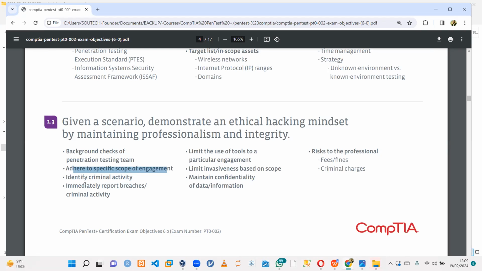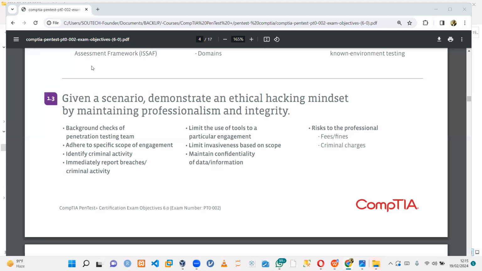A hacker does not have authority. So we say unauthorized access to IT infrastructure to cause harm, whereas ethical hacking is authorized access. So there's a difference between unauthorized access and authorized access. Another thing is that you need to be able to immediately report breaches and criminal activity. So these are the mindsets of an ethical hacker, right?